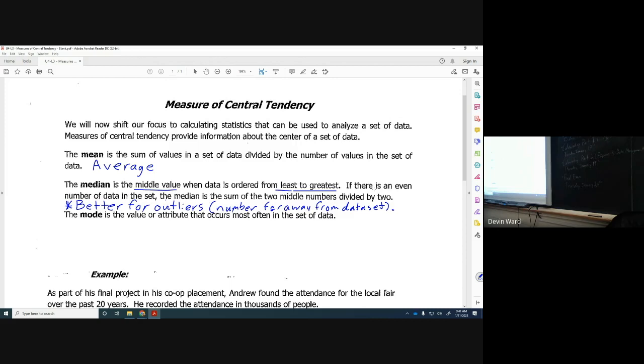An outlier is a number that's far away from the rest of the data set. Okay? So let's go back to class average.